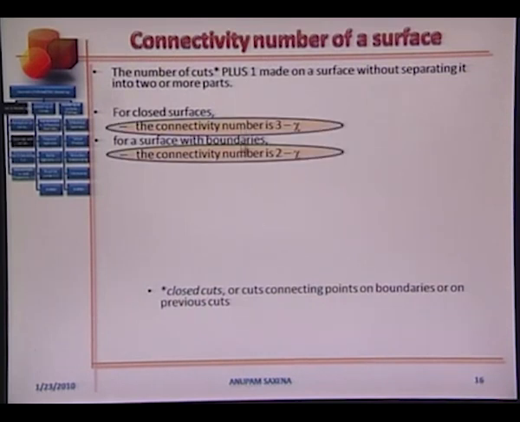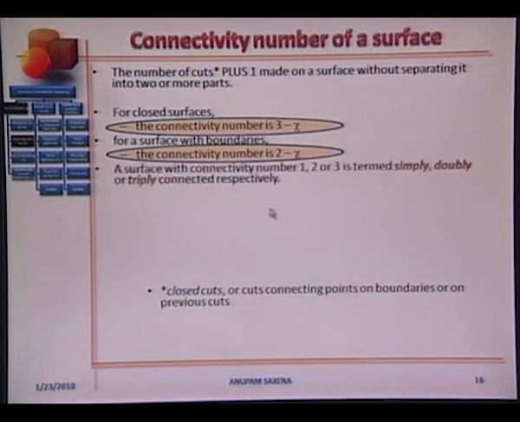Let this be an exercise for you to find as to how the connectivity number is related to the Euler characteristic. A surface with connectivity number 1, 2, or 3 is called simply, doubly, or triply connected, respectively.